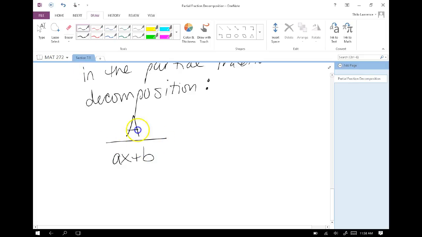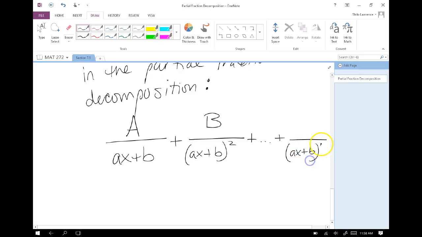So a over ax plus b, and then we're going to work our way up in powers until the number of times that that factor got repeated is how many times it got included in our decomposition.